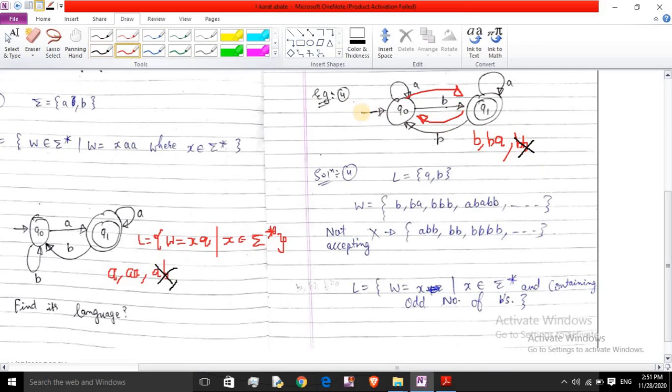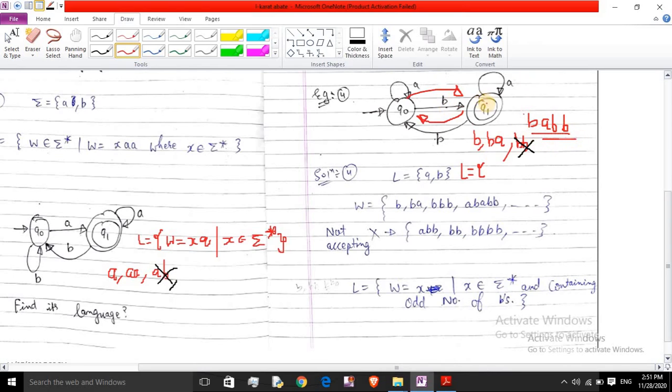What does it mean? How will we recognize this language? Now look at one more example string. Suppose it will be B, A, B and B. If we get B, then A, then again a B, then again a B, this string is accepted by this machine.